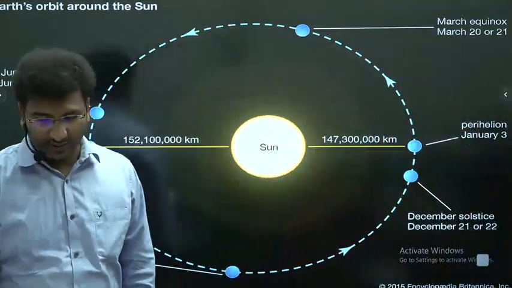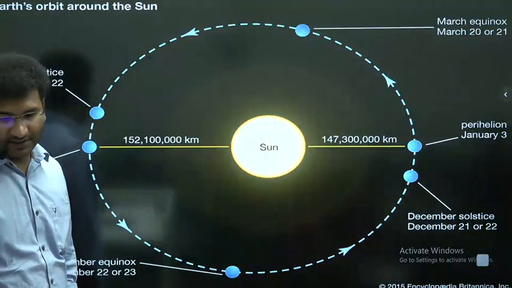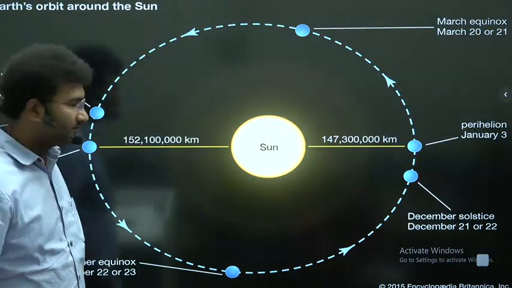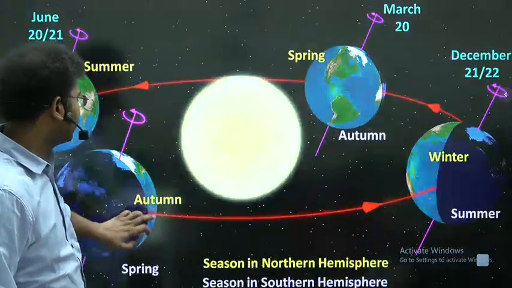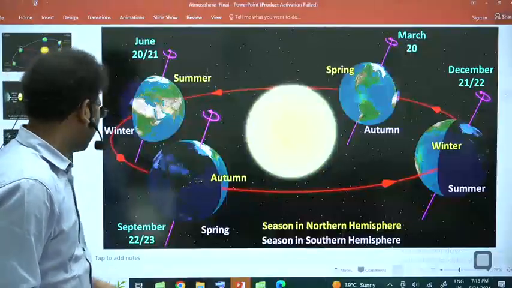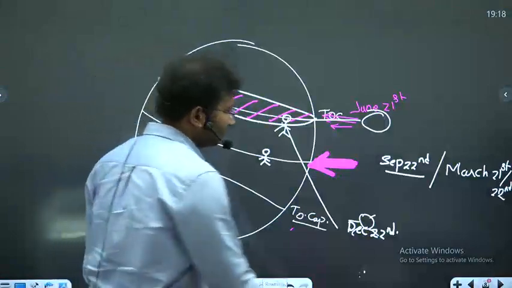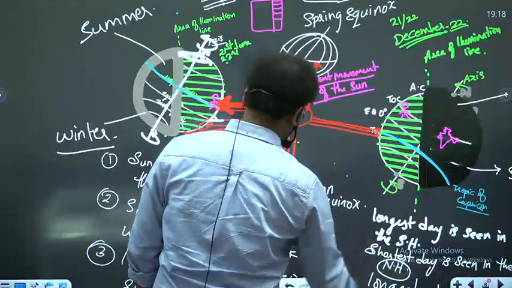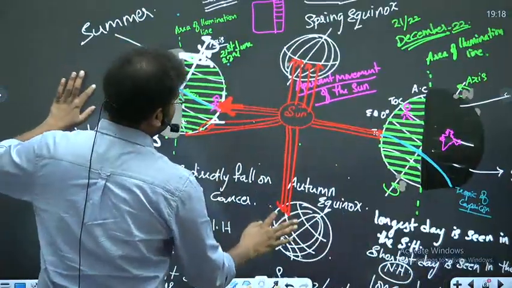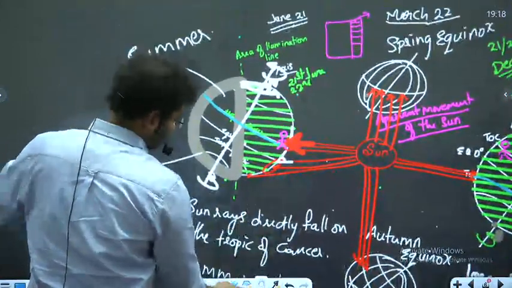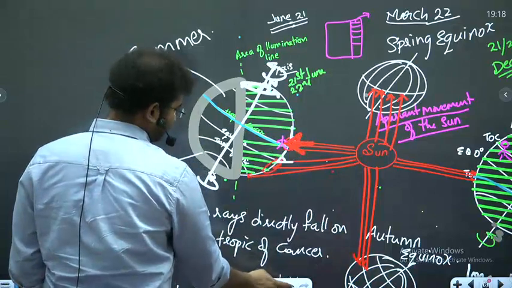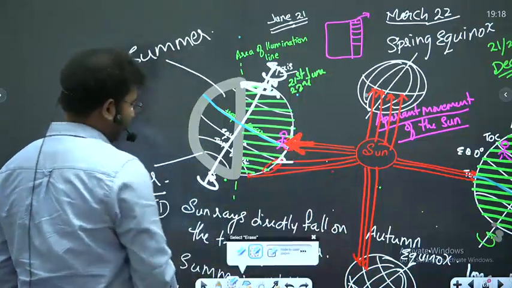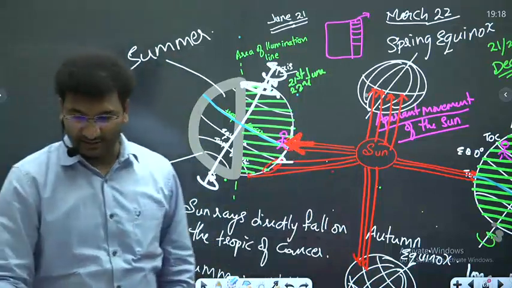Write down. On 21st of June, the northern hemisphere is tilted towards the sun. And the sun's rays directly fall on the Tropic of Cancer.